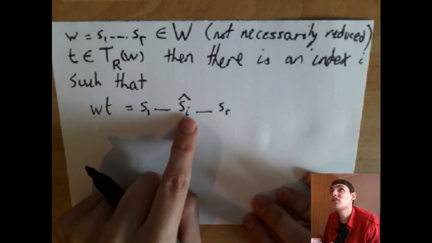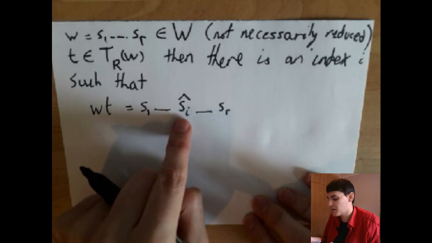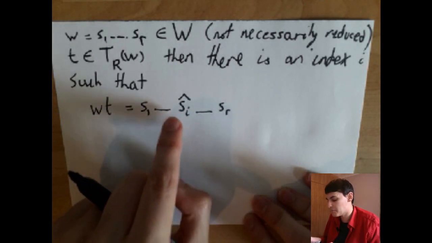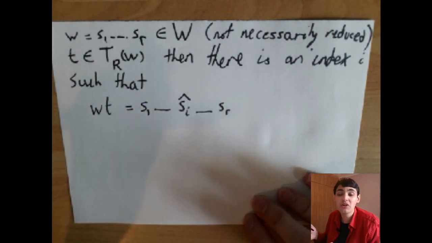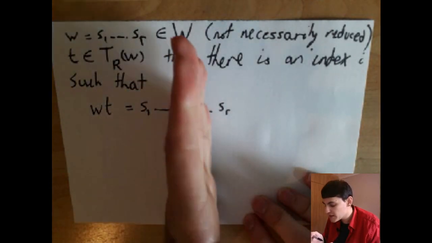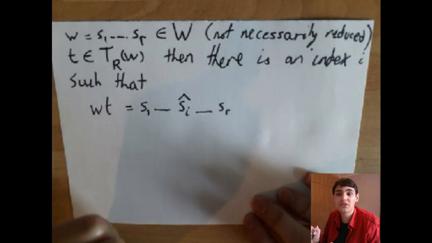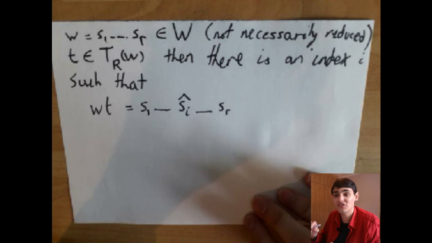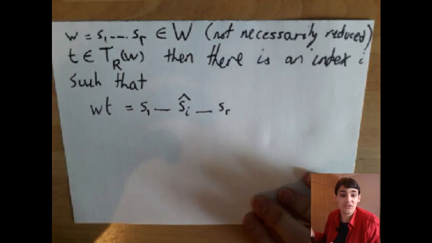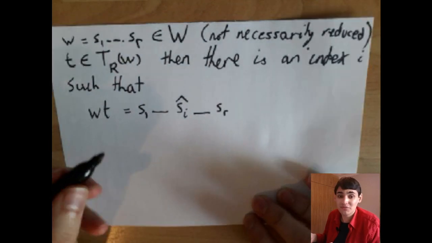Well, not necessarily, because it might not be in a reduced form, and what might happen is you end up with SJ and SJ on both sides, so they would cancel. But the point is that you can omit a single element from its decomposition and get the element WT, and that's really cool.